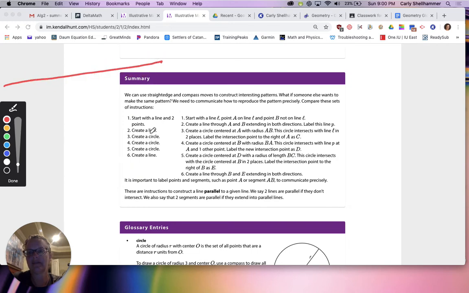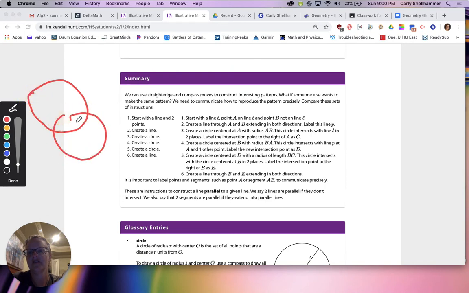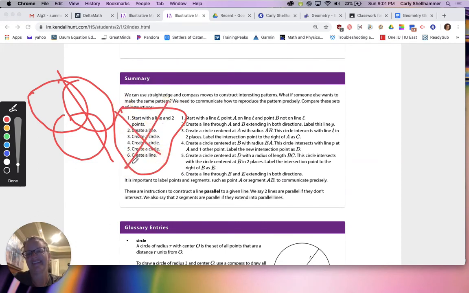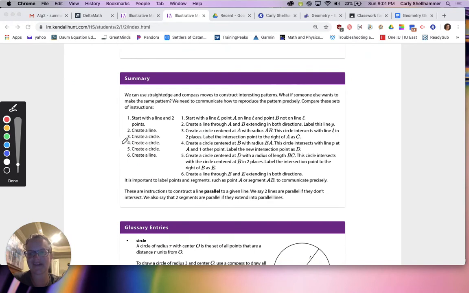I don't know. Create a circle. Create another circle. Create another circle. Create a line. Okay? These instructions right here are not precise. They don't help me construct something that is congruent to somebody else's something.